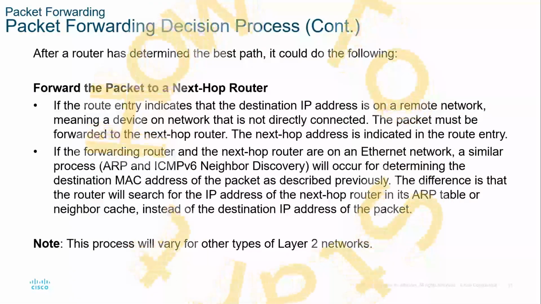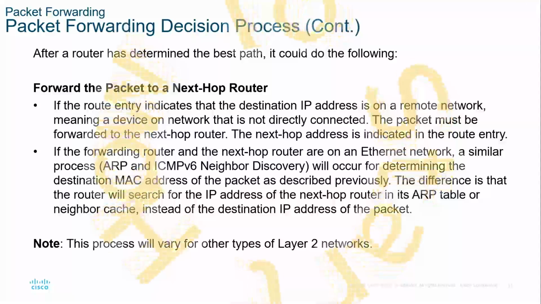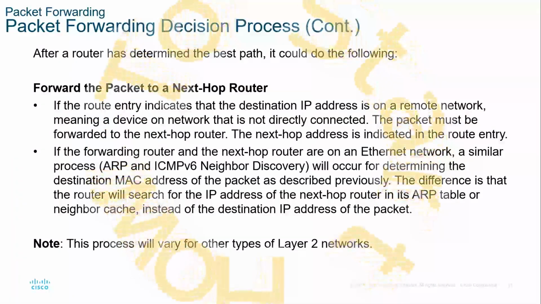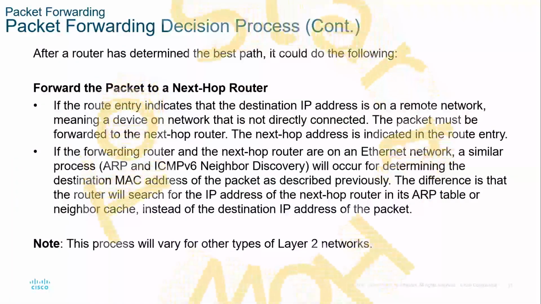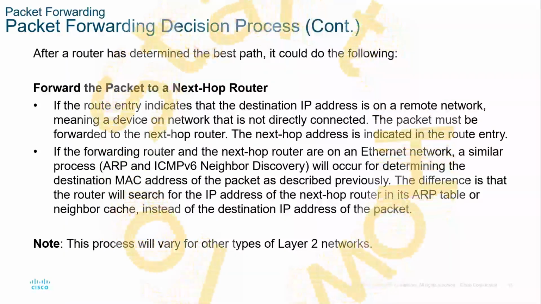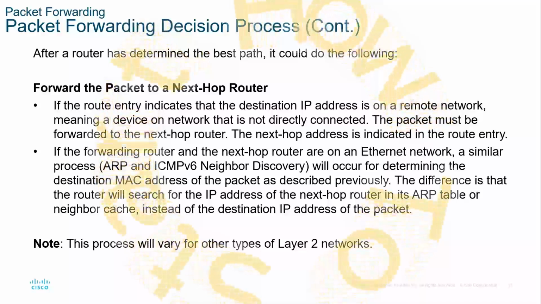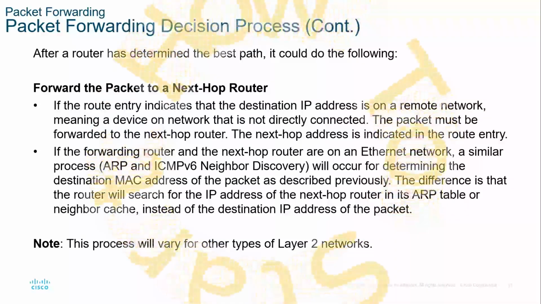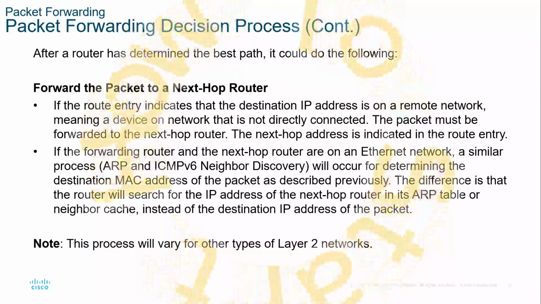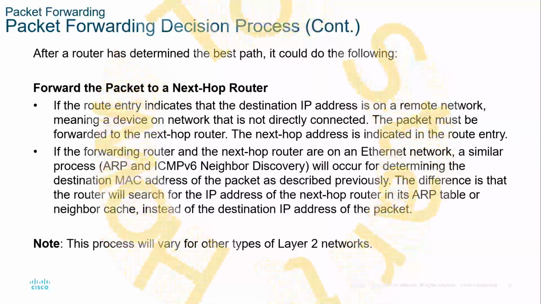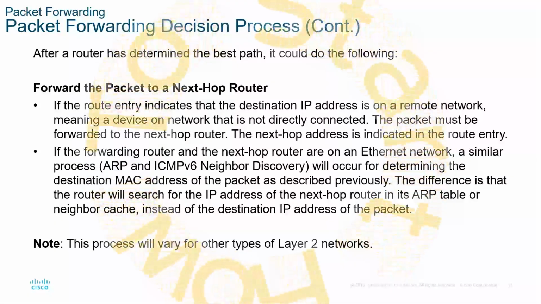Again, here you need to understand that for a directly connected network, the MAC addresses should already be known. With the next hop, they are not always directly connected, thus you need to figure out the appropriate MAC address to send it through.